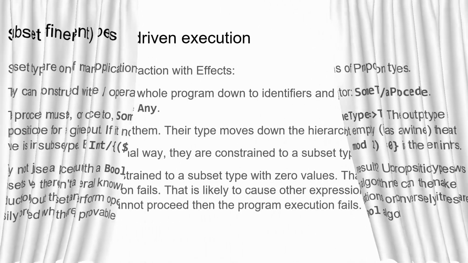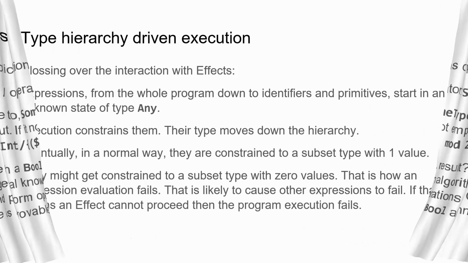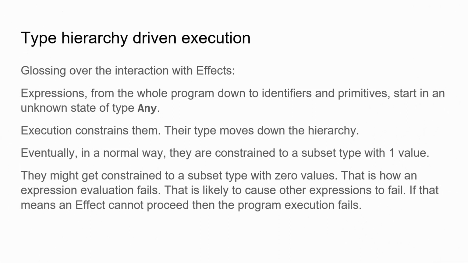All right, just a word on how execution works in Wombat 2, and it uses the type hierarchy. So every expression starts out with an unknown type or type any, and the various things that happen in the program constrain the values of those expressions.